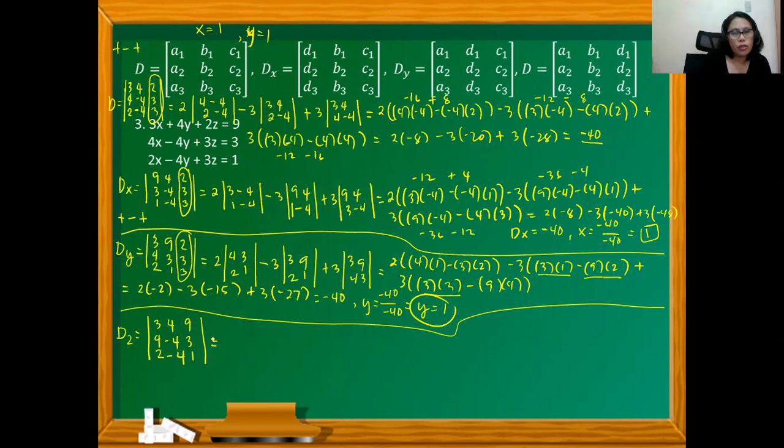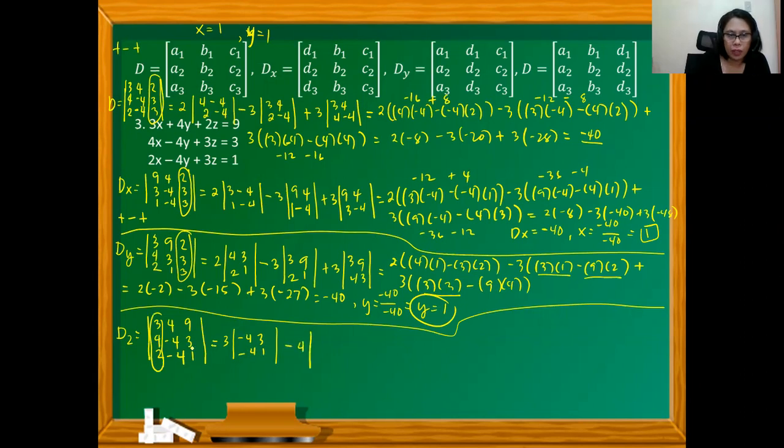So we'll consider the first column and we'll follow the sign array plus minus plus. So we have the first element 3 times its minor. So we'll eliminate the first row and the first column. So we have negative 4, 3 and negative 4, 1. And then minus 4 times its minor.